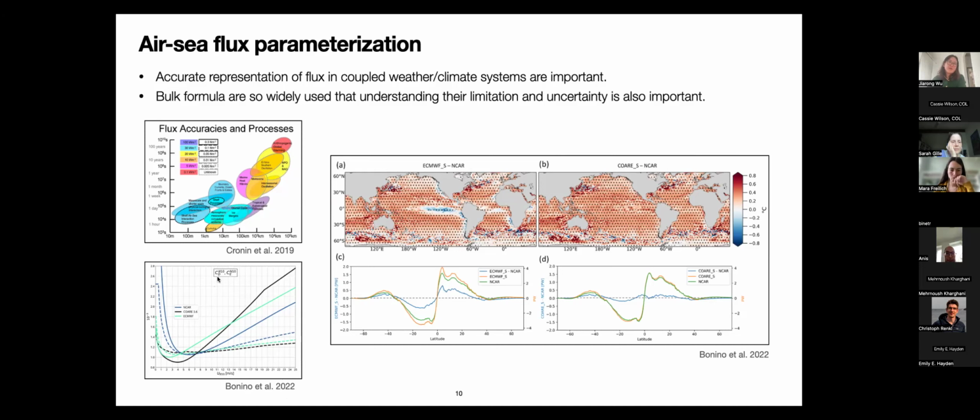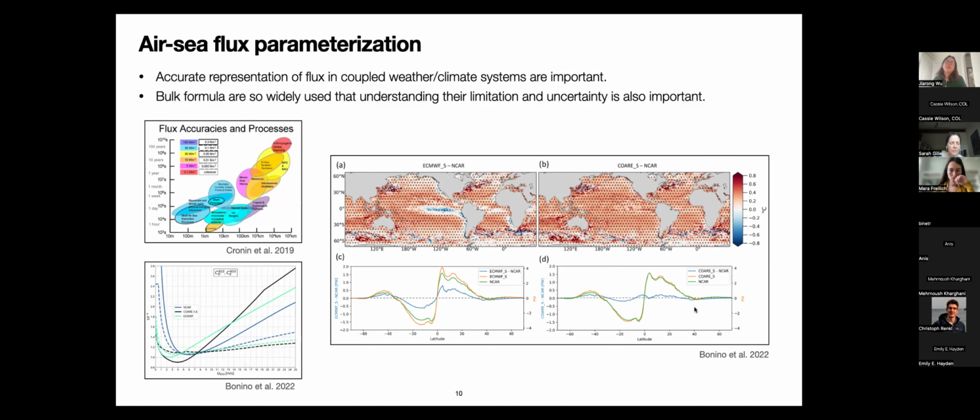So this coefficient for momentum transfer, as you can see, for example, differs between these different bulk formulas. And again, this global map is showing the SST difference in the coupled simulation just by using different bulk formula. So panel A is the difference between ECMWF and NCAR. Panel B is between CORE and NCAR.